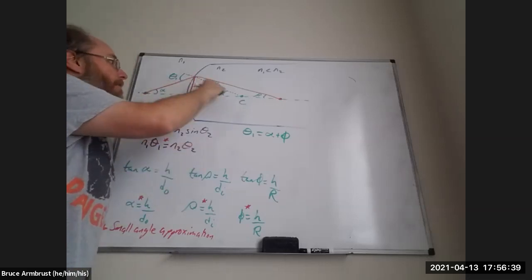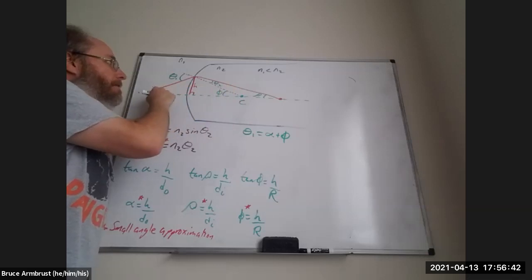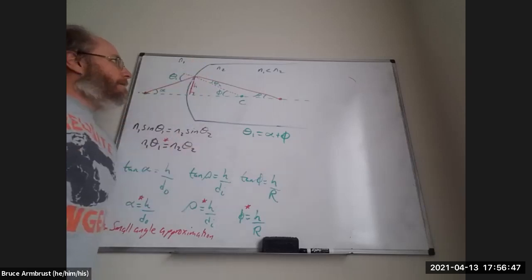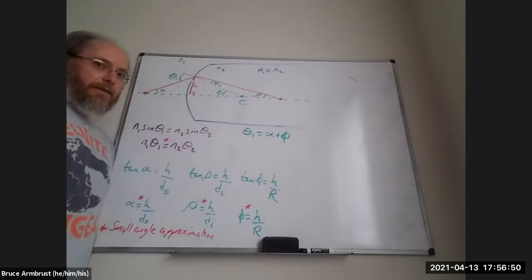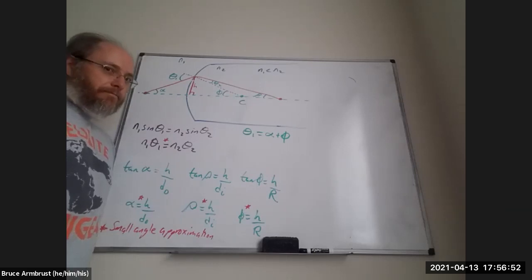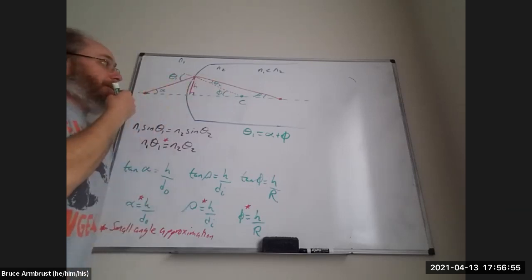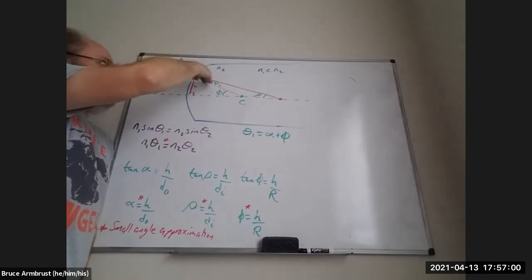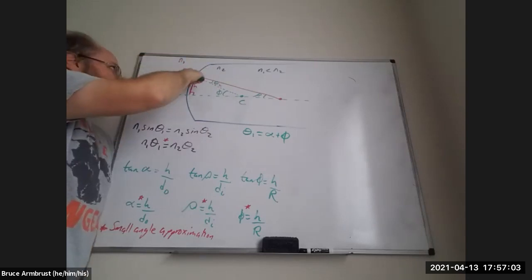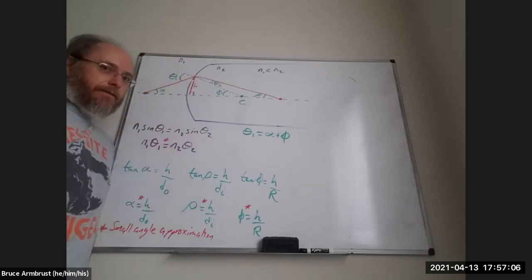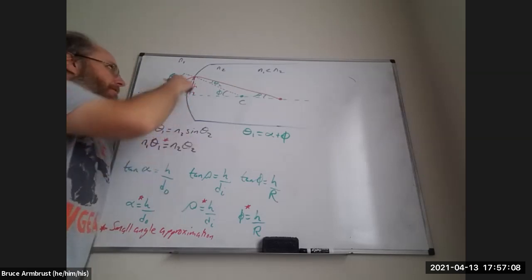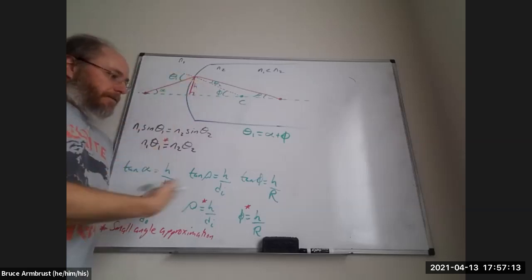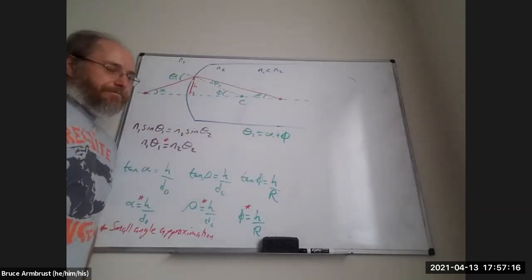Look at the triangle that involves alpha and phi. This angle right there is going to be 180 minus alpha plus phi, because the three have to add up to 180 degrees. Well, if you look at this pink radial line, theta 1 plus that angle has to equal 180. So if theta 1 plus that angle equals 180, and alpha and phi plus that equals 180, theta 1 is equal to alpha plus phi.